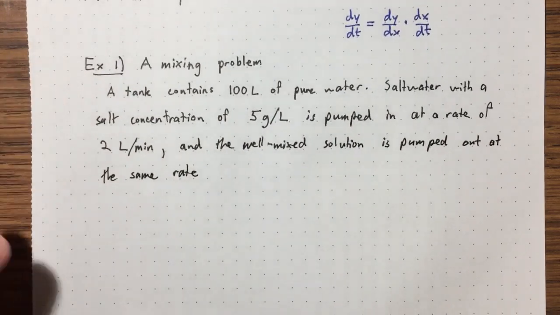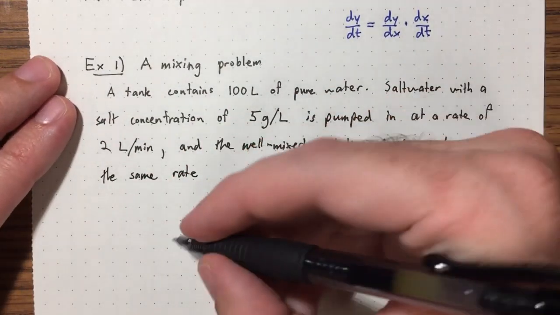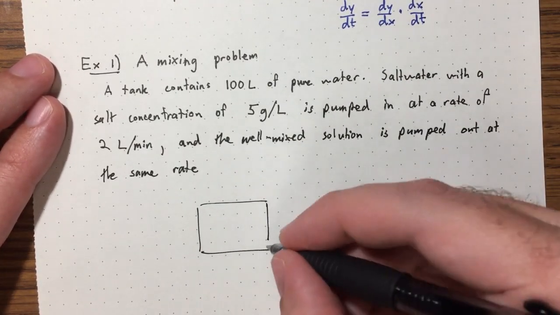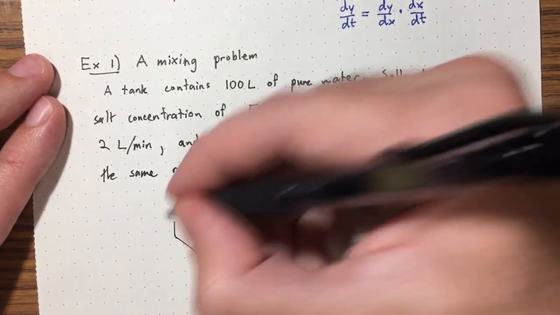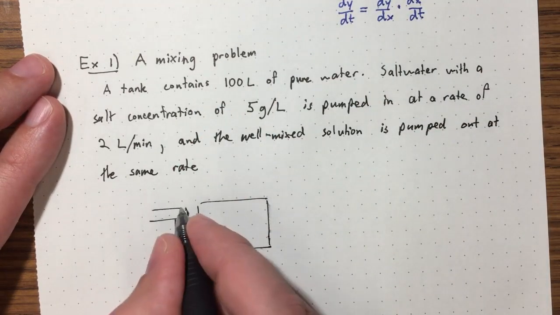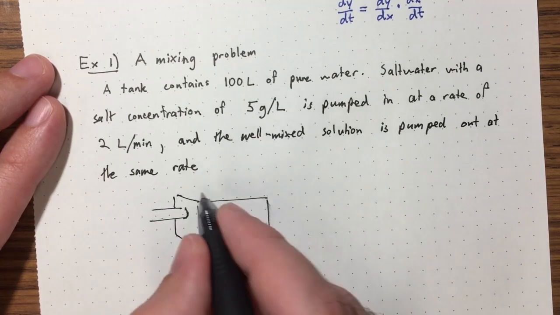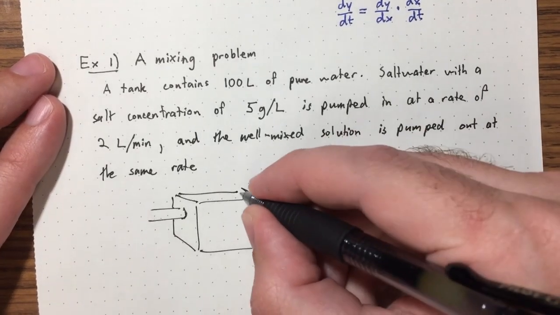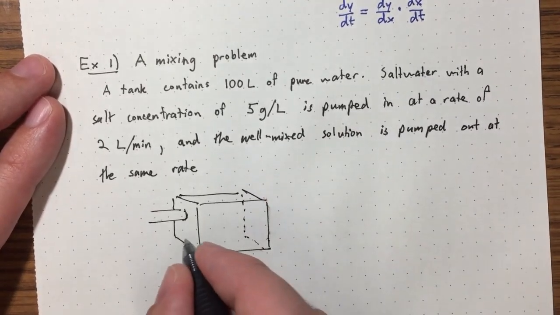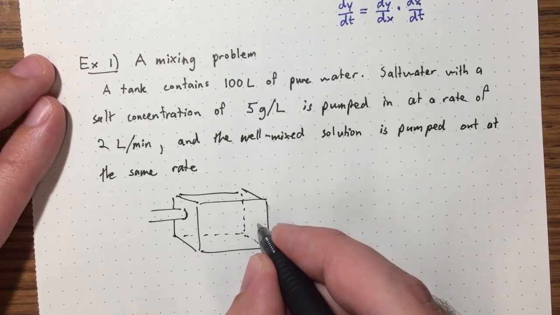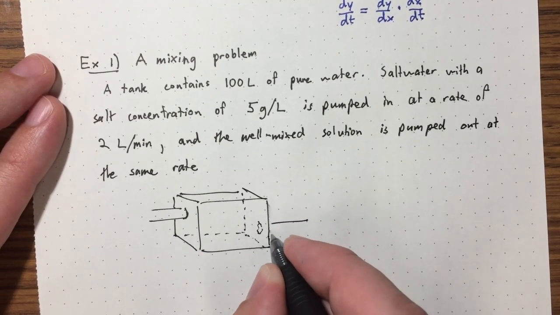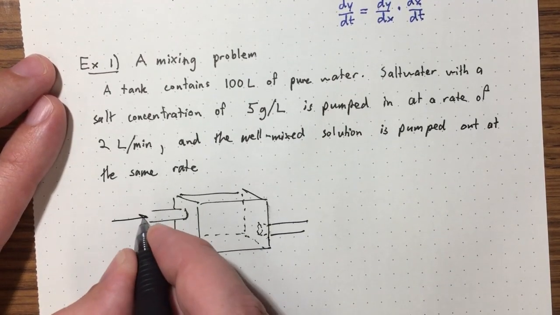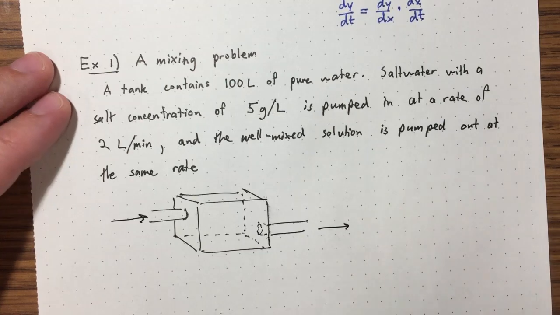So let's maybe try to draw a picture here. We have our water tank, and maybe we have a pipe coming in here, and then down here there's a pipe coming out. We have water coming in here, and water leaving here.